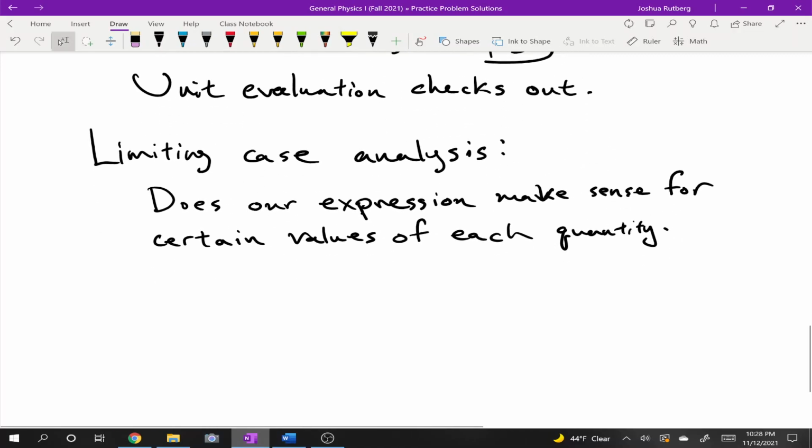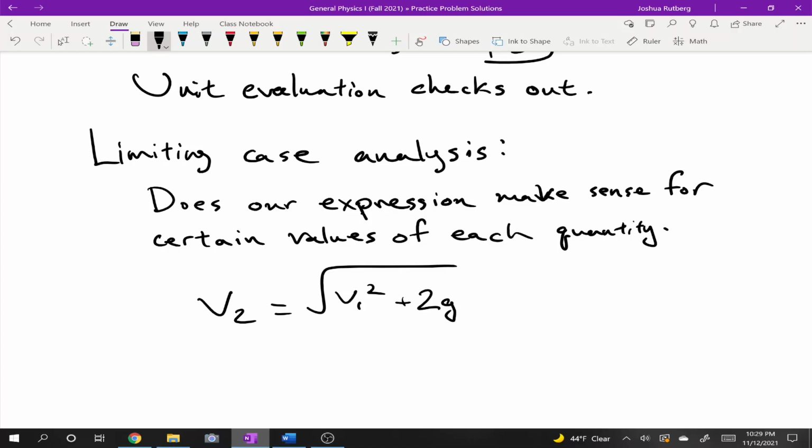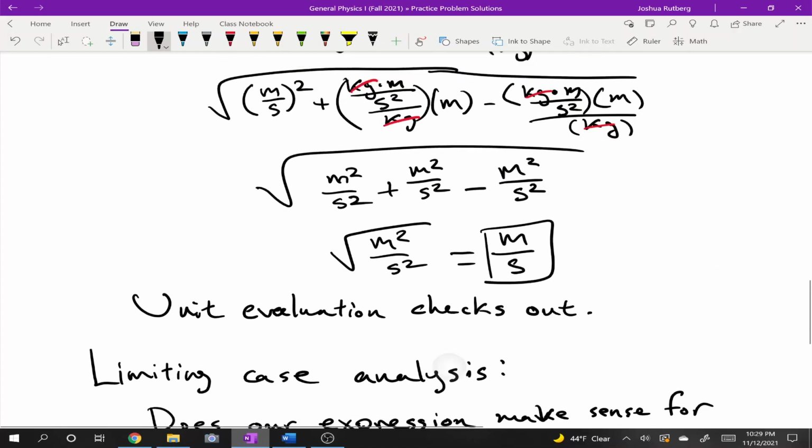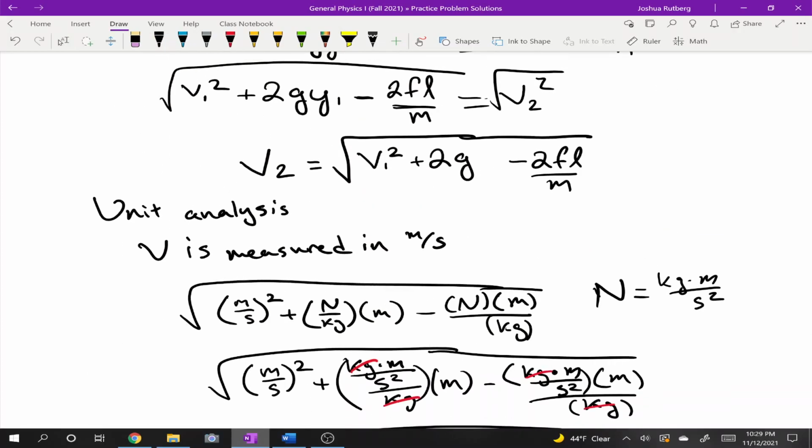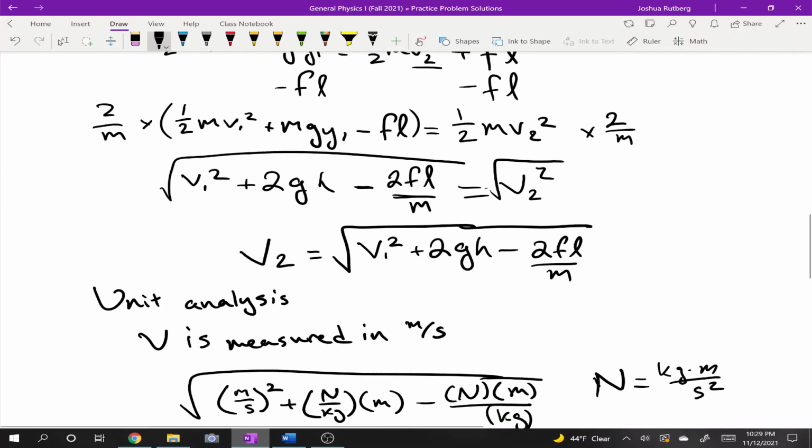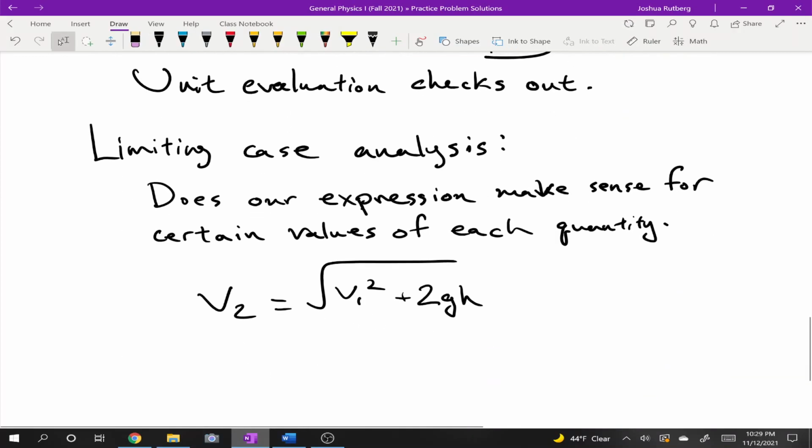So let me rewrite my expression. We have v2 is equal to the square root of v1 squared plus 2gh. Oh, I realized I wrote this before. y1 is actually given in the problem as h. That'll simplify my life a little bit, just less things to write down.